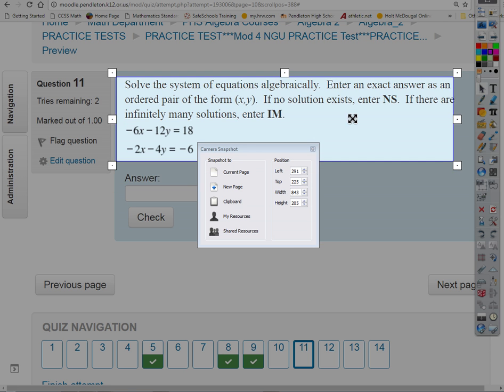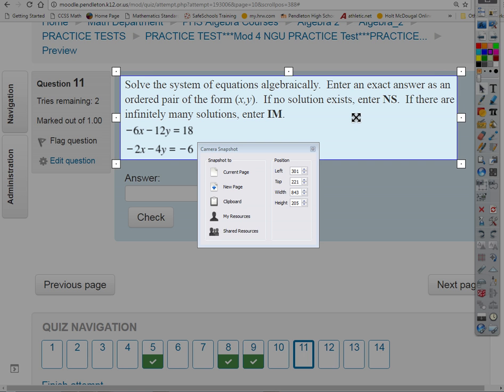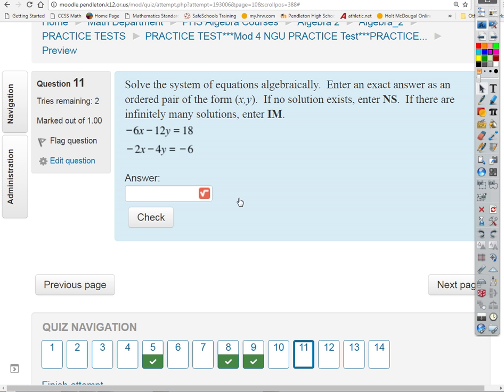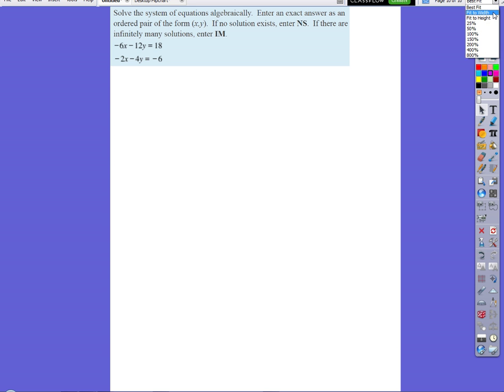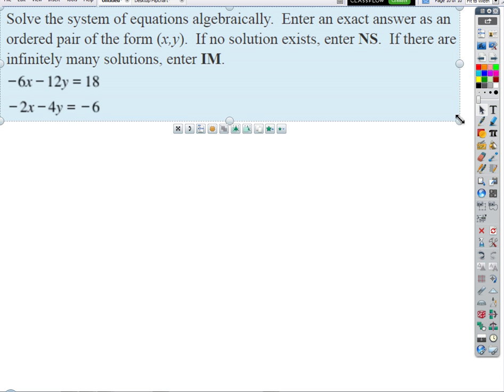Okay, same kind of thing. We're just going to solve another linear system. Okay, this time, what technique we're going to use? Elimination, good. So what should we multiply, which equation, and what should I multiply by? The bottom by 3.